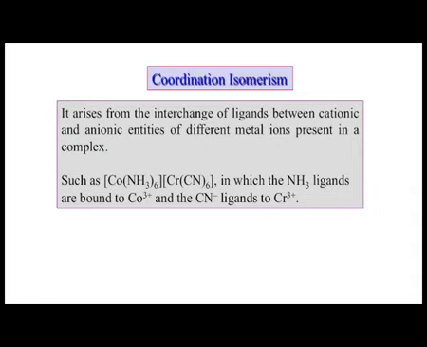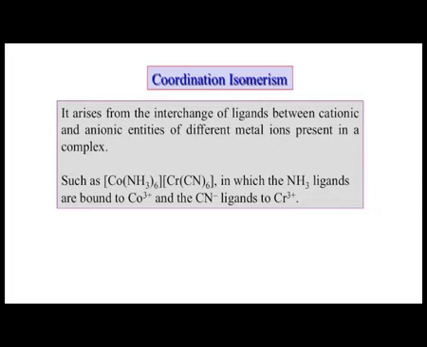It arises where there is an interchange of the ligands between the cationic and the anionic entities of different metal ions present in a complex. So, this is one particular compound in which the ammonia groups are bound to the cobalt and cyanide groups are bound to the chromium center. So, you can have a certain type of stabilization here, that means the chromium can have some good preference for the cyanide ligands, while the cobalt prefers the ammonia molecules for coordination.